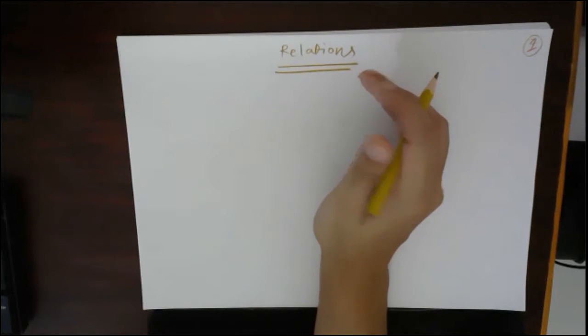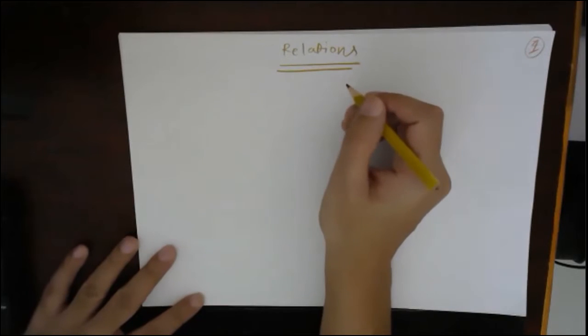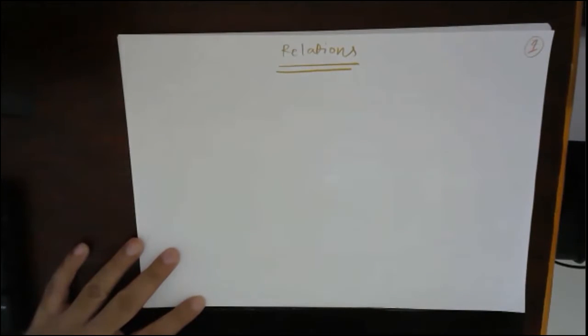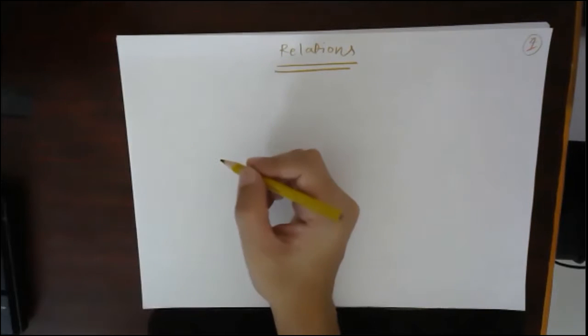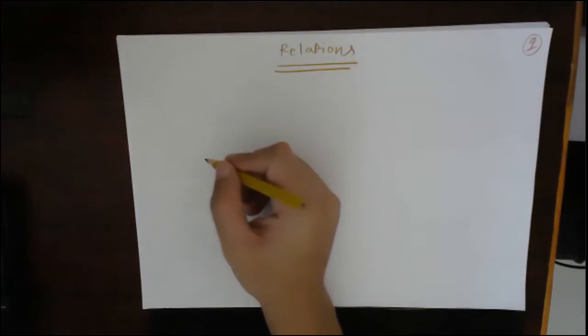So we have already seen how to represent a particular set: set notation in set builder form, in roster form, and in plain words form also. Relation is basically nothing but the interaction of more than one set.